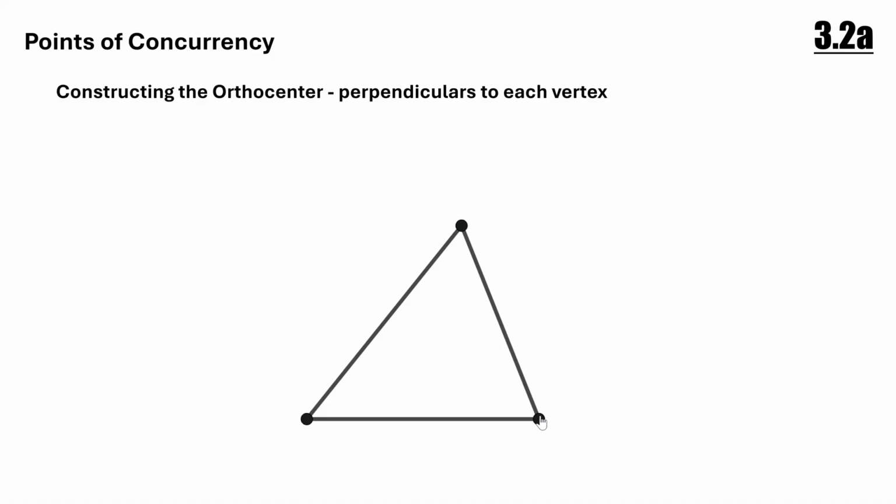The fourth construction will be the orthocenter, which is the intersection of all altitudes, which are perpendicular segments from the vertex to the side opposite of the vertex. To find the altitude, start by constructing an arc from the vertex to the side opposite. Then plot points at the intersections of the arc and the opposite segment.